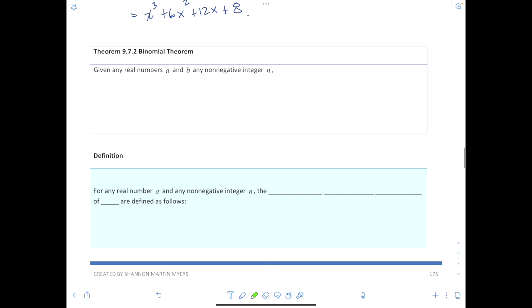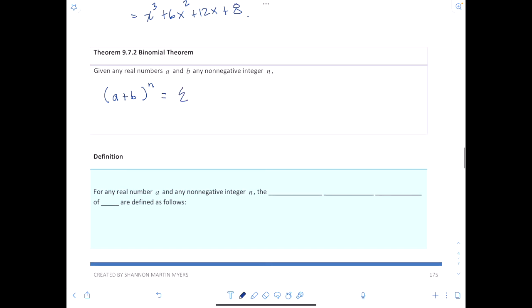Now, using the binomial theorem on this gives us that a plus b, where a and b are real numbers, and we've got a non-negative integer n, raised to that power, is equal to the summation from k equals 0 to n of n choose k, a to the n minus k times b to the k.